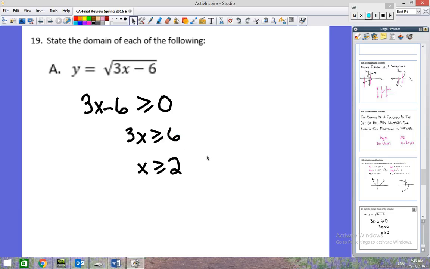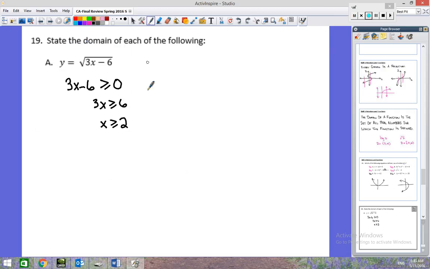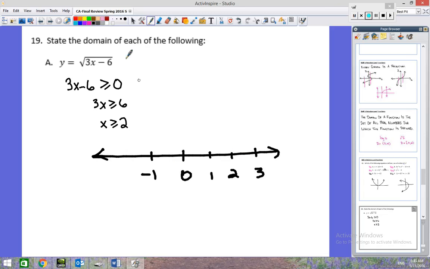I like to keep my variables on the left because if I draw a picture on a number line, if say this is 0 and this is 1 and 2 and 3 and so forth, and over here negative numbers, what I'm interested in is that the equal portion here at 2 is going to be a solid point, and since the arrow is pointing to the smaller number, it's saying that x is greater than or equal to these.